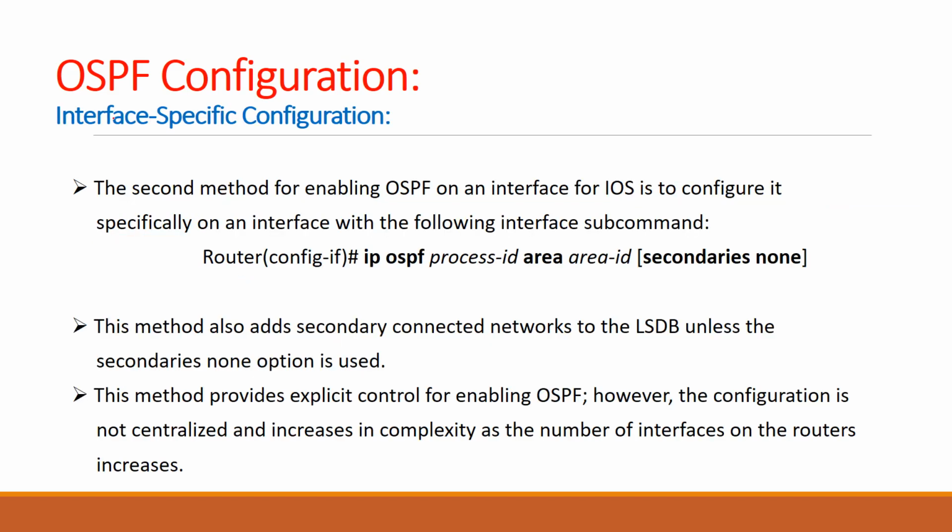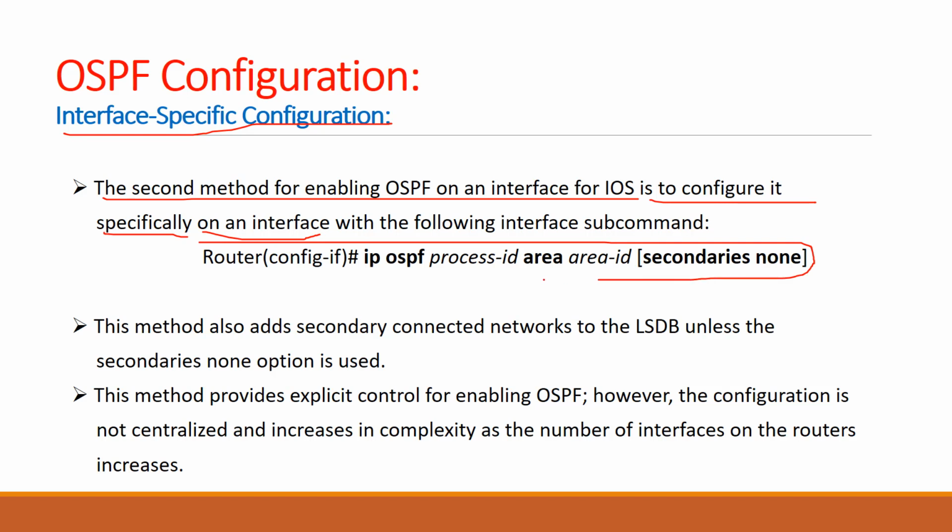The second way to enable OSPF is to use interface-specific configuration. This second method for enabling OSPF on an interface in IOS is to configure it specifically on the interface using the following interface subcommand: ip ospf process-id area area-id. Secondary none means that if the interface has a secondary IP, OSPF will not be enabled on that network.